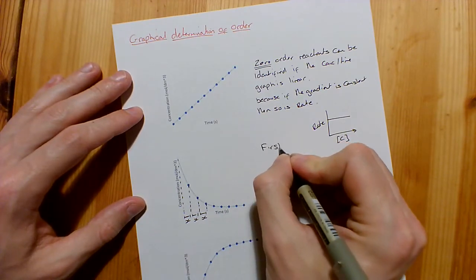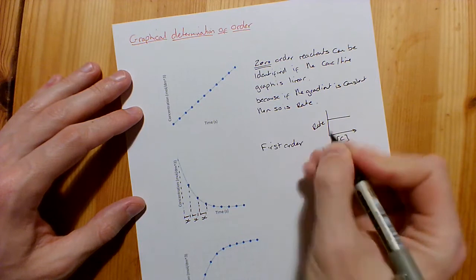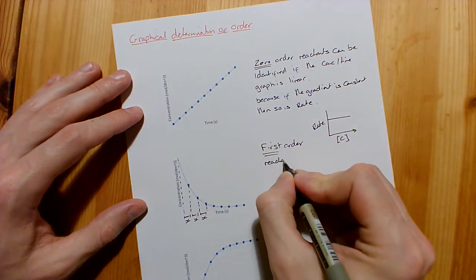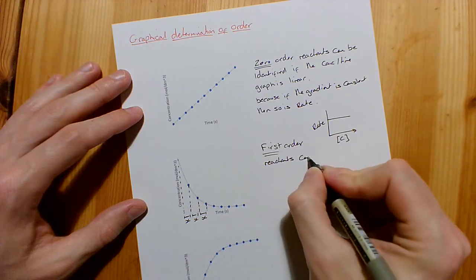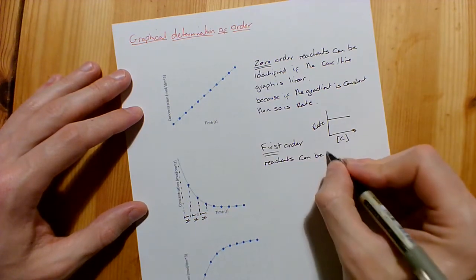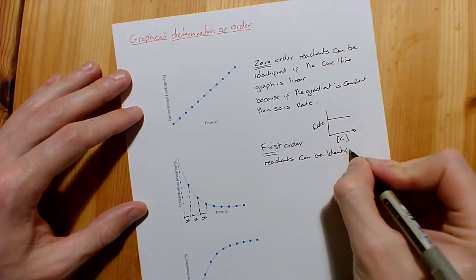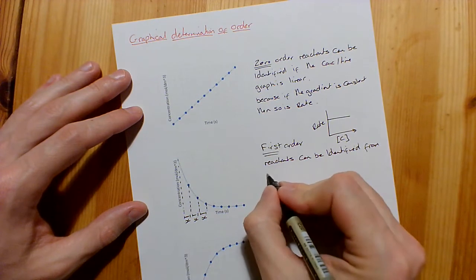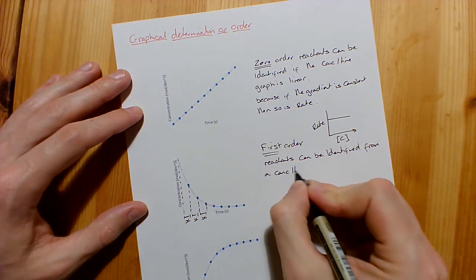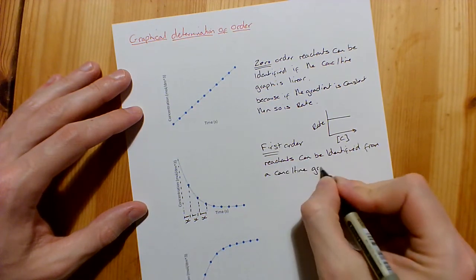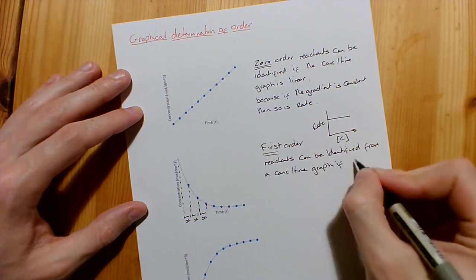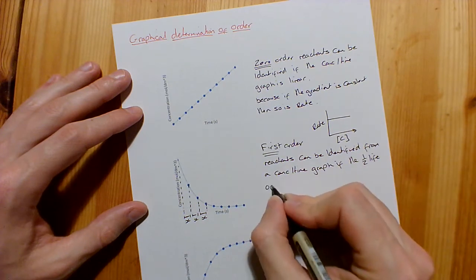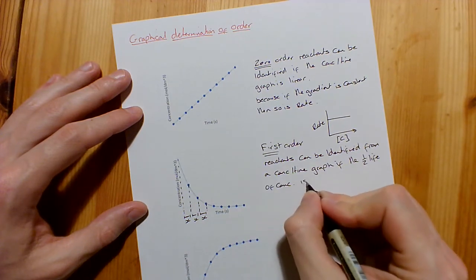So first order reactants can be identified from a concentration time graph if the half-life of concentration is constant.